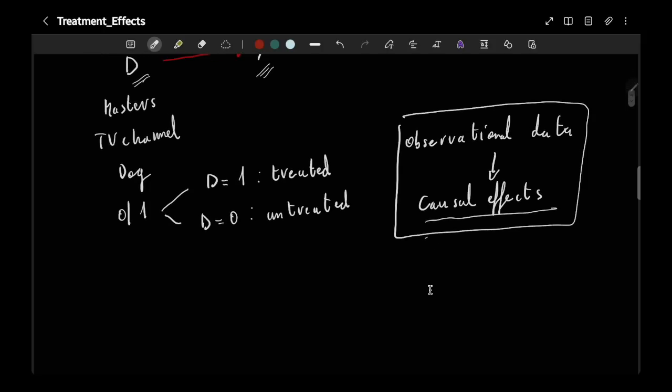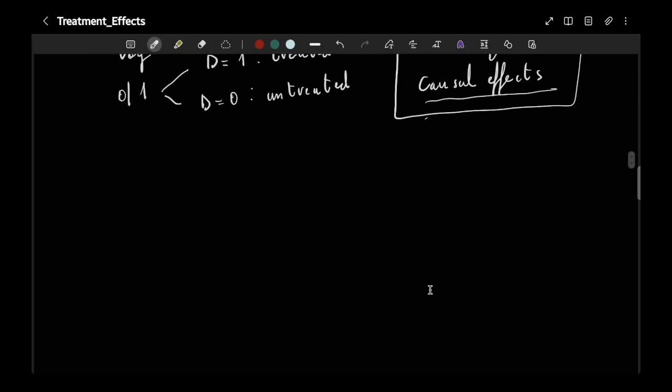But the fundamental problem of causal inference is that we can never observe a person's counterfactual outcome. In other words, we can never know what her outcome would have been if her treatment had been different.